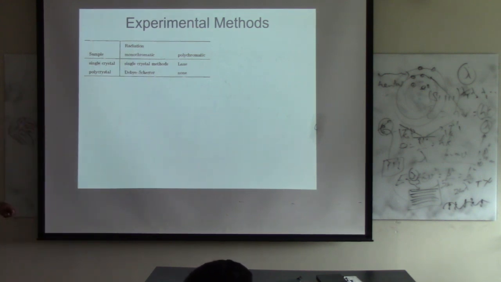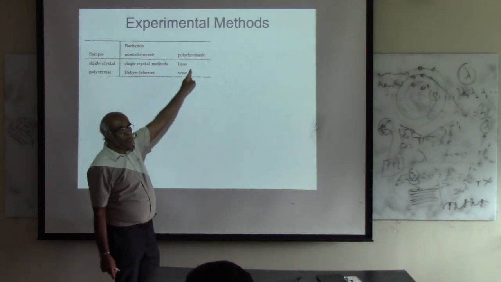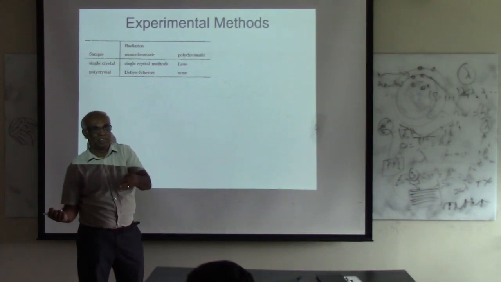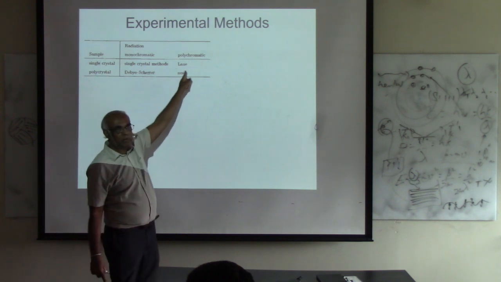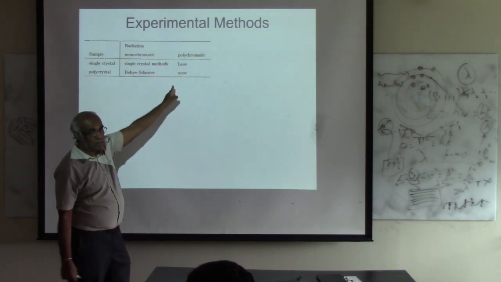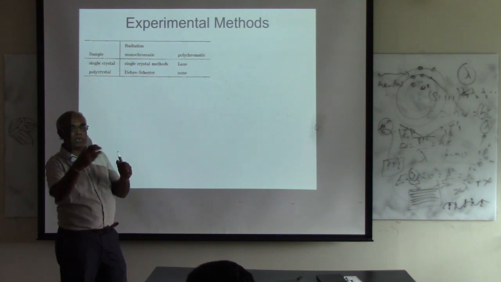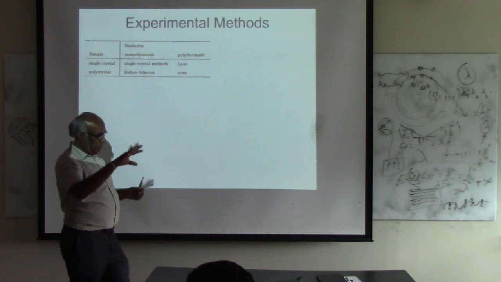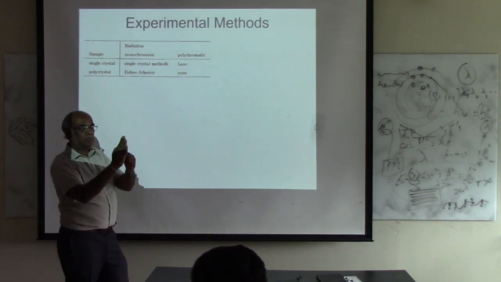Then this single crystal you can also look at with different wavelengths. That's interesting, right? Because then that method is called the Laue method. Actually, that's how Laue first saw the crystal structure. He exposed some single crystal to different lights.